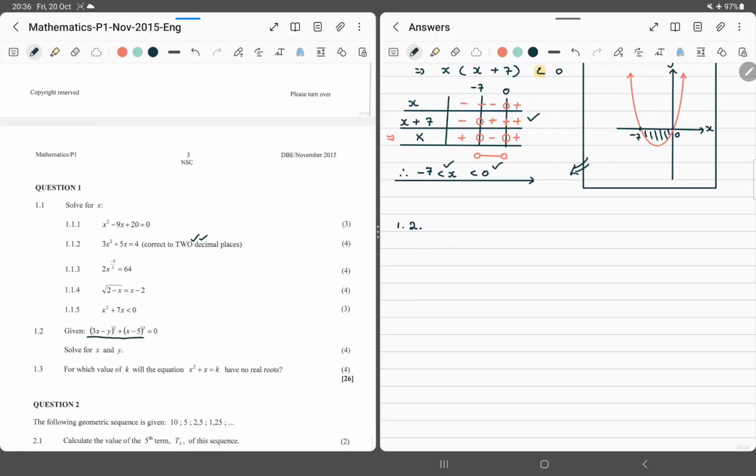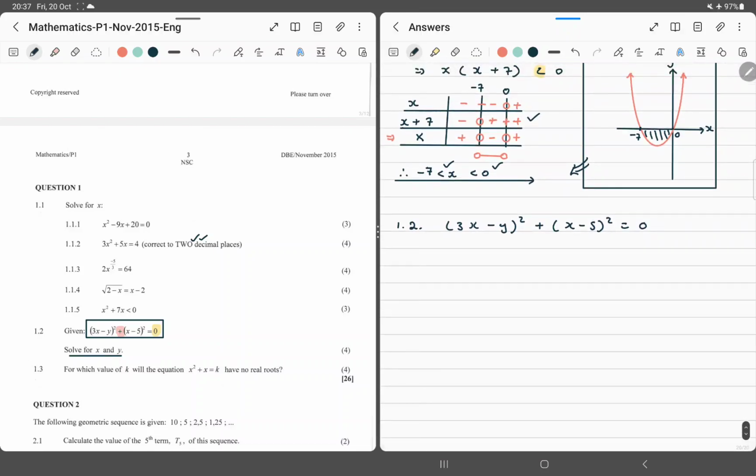1.2, we are given this equation here, and we are told to solve for x and y. Now, when we inspect this, if these two terms add up to 0, both of these have to be 0 for us to get a 0. Otherwise, there would be no 0. So 3x minus y all squared plus x minus 5 all squared is equal to 0.